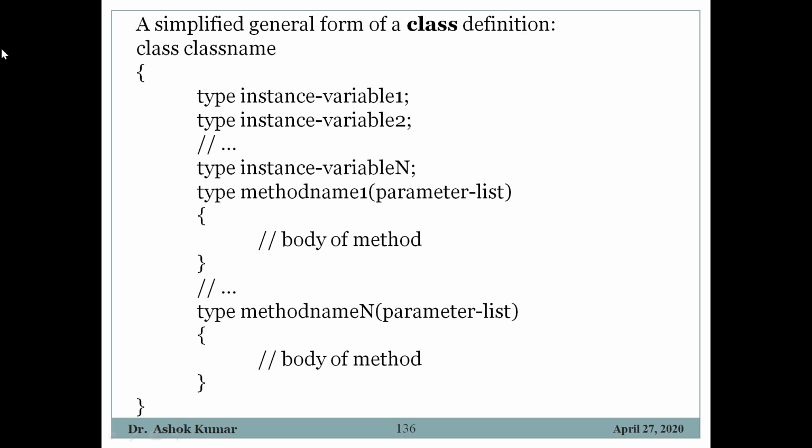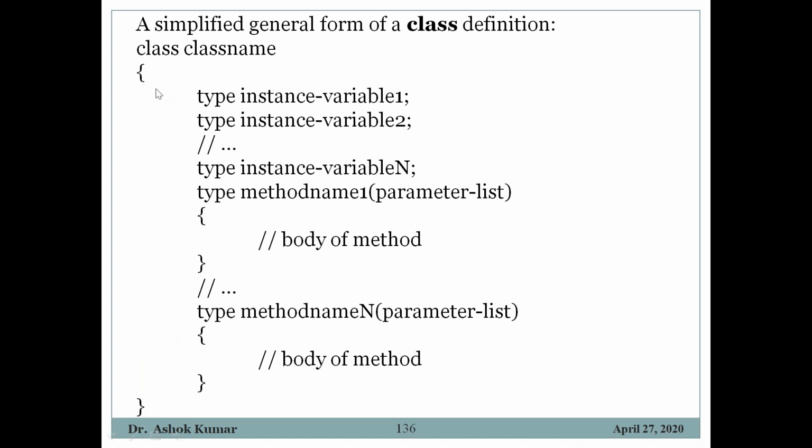Then, within the braces that follow this class name declaration, you will put some variables or attributes and operations within the body of the class. So the body of the class is represented by a pair of braces. It's shown over here, a pair of braces.